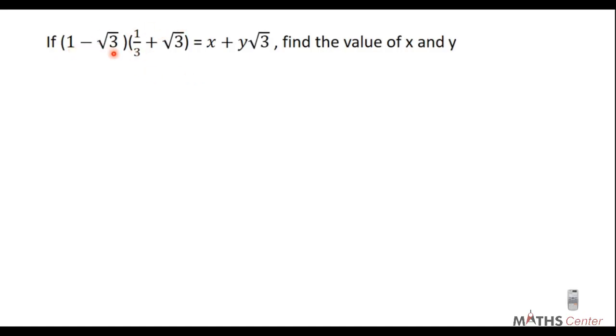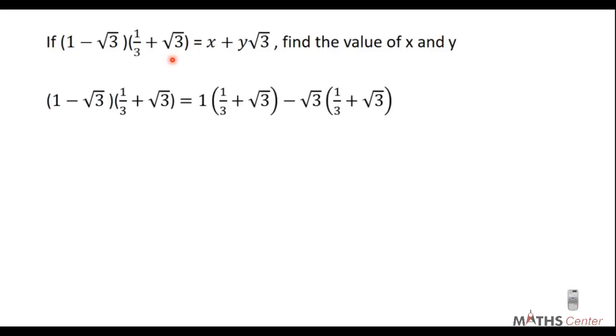So you multiply this by this. It's the same binomial multiplication that we are doing. So you distribute what is in the first bracket over everything in the second bracket. So you take the first term, you multiply it with everything here. You take the second term, you multiply it with everything here, as we can see. So 1 times 1 over 3 plus square root of 3, then minus square root of 3, we open a bracket, 1 over 3 plus square root of 3.